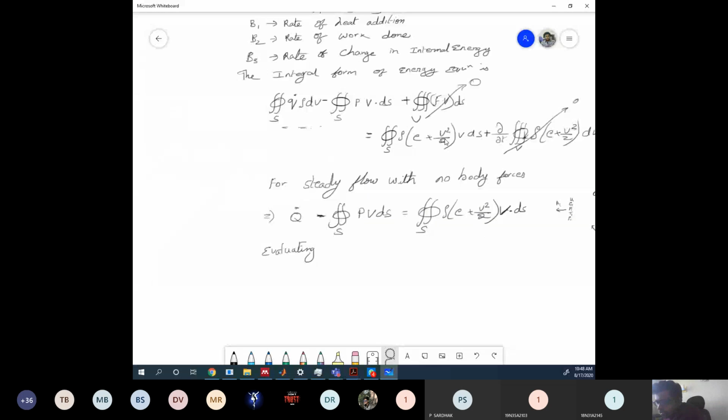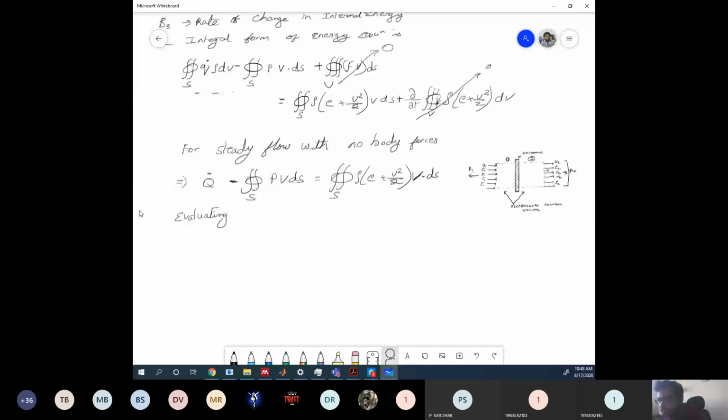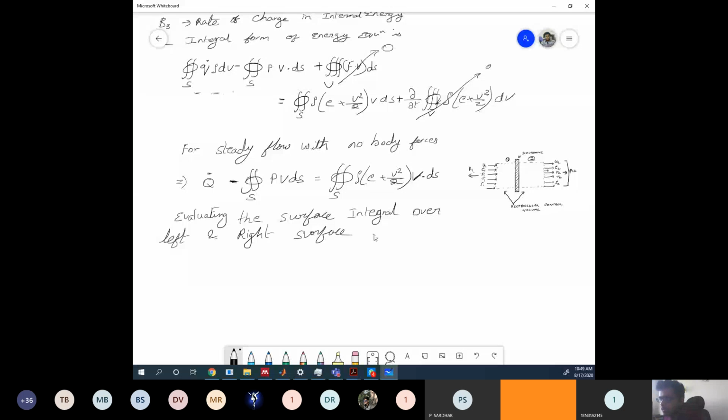Now we are evaluating the surface integral over left and right surfaces for 1D flow.